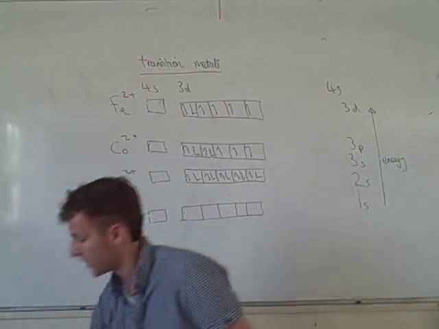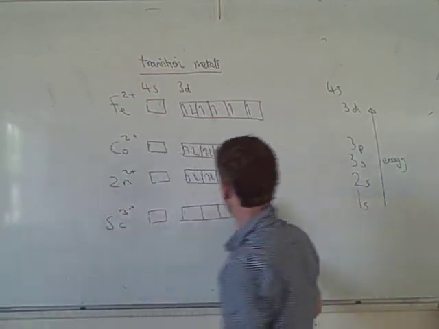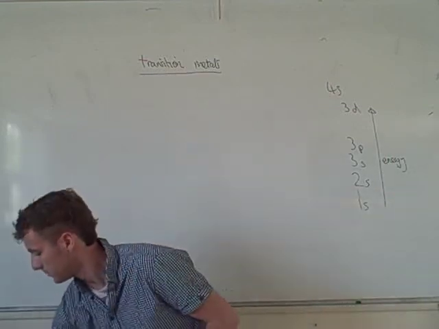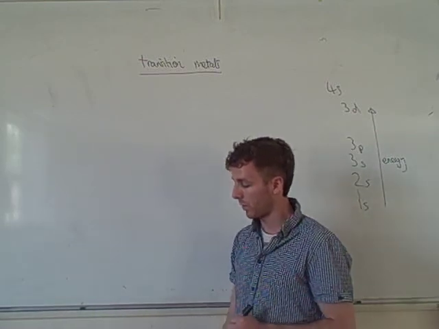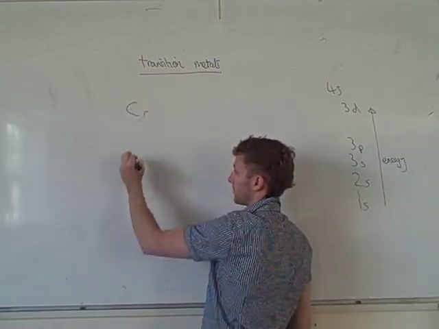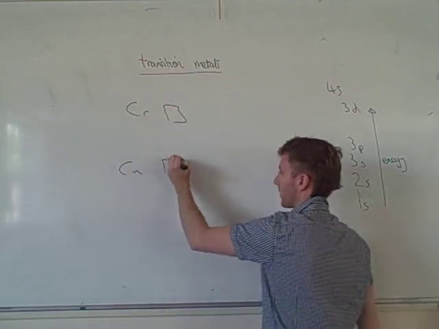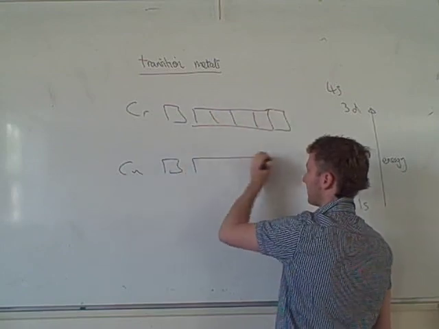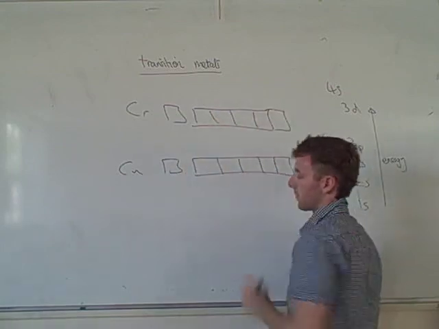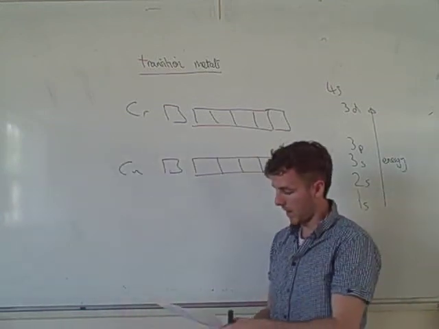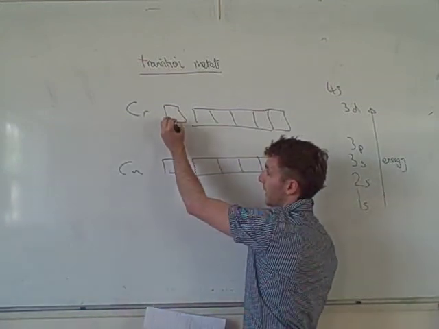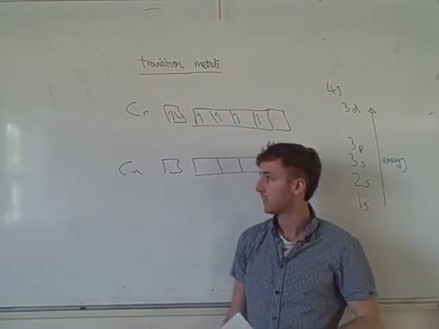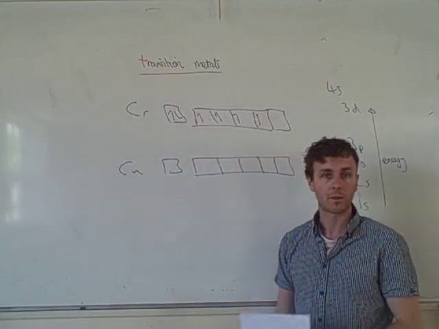Okay. In terms of electronic configuration, there's also 2 slightly weirder ones which you need to know about, and that is chromium and copper. Now, you can check your periodic table to figure out how many electrons it has, you would think chromium would have an electronic configuration like this.